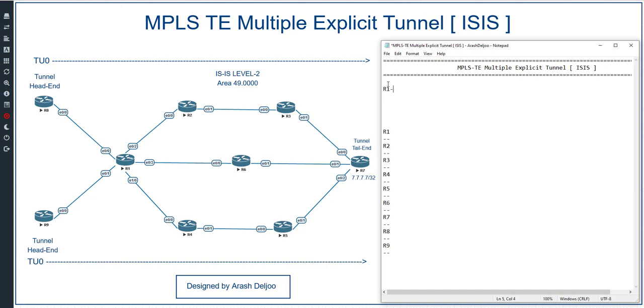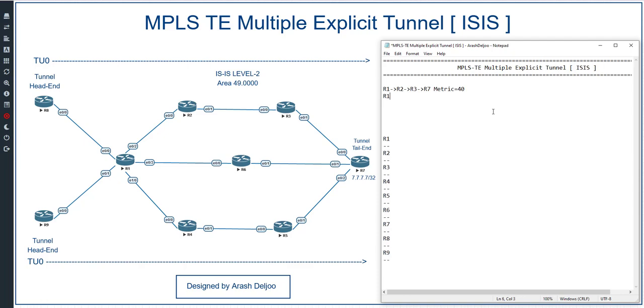The first path is router 1, then router 2, then router 3, then router 7. The metric or cost of this path in IS-IS equals 40: 10, 10, 10, then loopback 0, so 40.